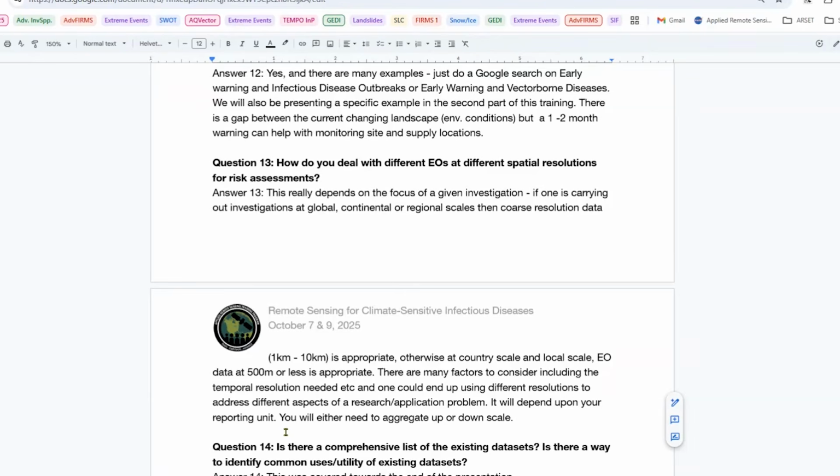Or you can choose the dominant land cover type within your 250-meter grid cell from the 30-meter resolution. Let's say 50% of it is cropland, so I'm going to call it cropland.